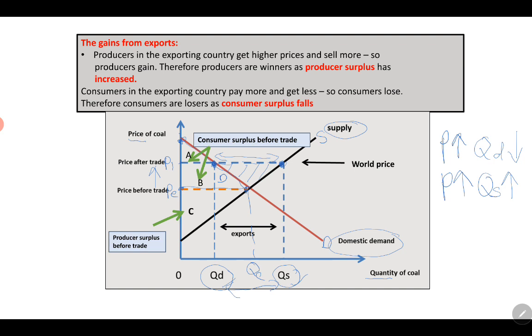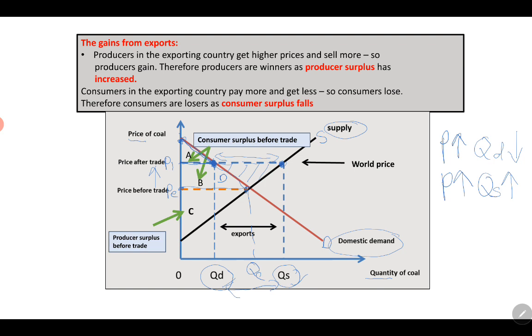Now when the price increases, this is where it touches your demand, so this will be your new price. Your consumer surplus has now reduced to the area of A, the small triangle over here. So basically consumer surplus has reduced.